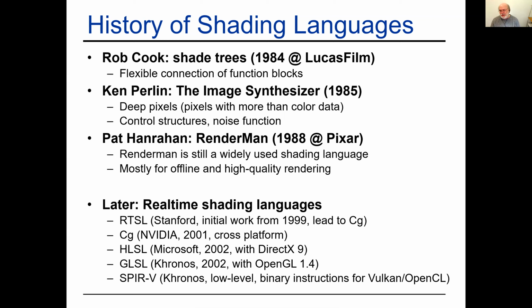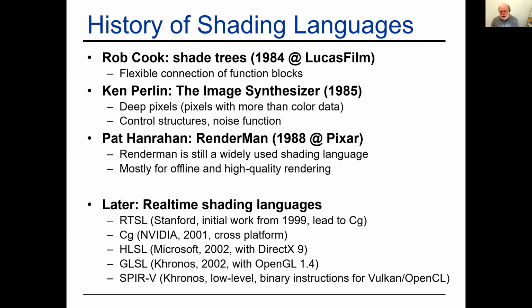Then you can run the image synthesizer on that, which was much more language-like. You didn't really have control structures in Rob Cook's shade trees. Now in the image synthesizer, you had control structures and things like that. All of that was then picked up by Pat Hanrahan, who used a C-like language with Pixar. And then for about 10 years, nothing really happened.